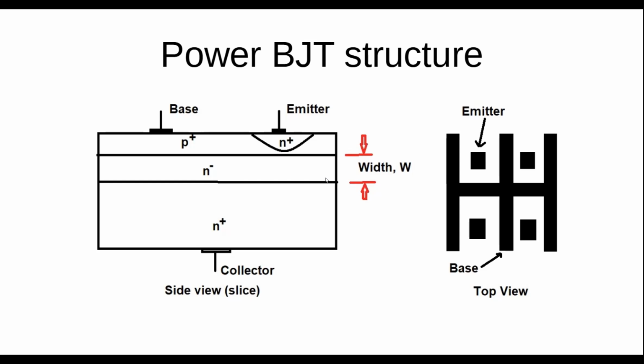So the breakdown voltage is proportional to the width and inversely proportional to the concentration, meaning that if you want to block a large voltage, this has to have low doping, and it has to be wide.